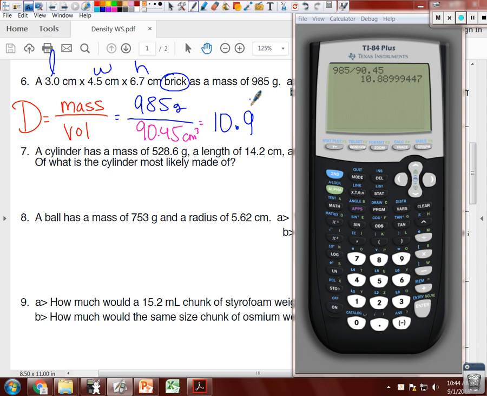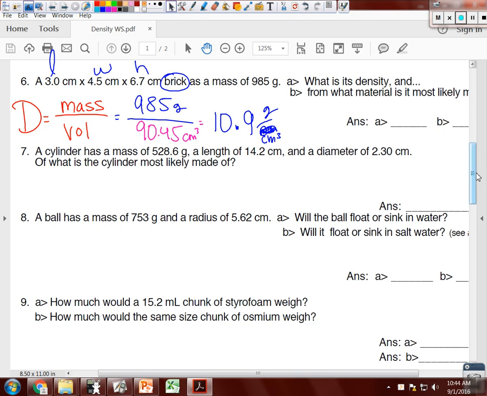I promise, don't stress yourself out over it. I guarantee when I actually teach this, you're going to look back and say, God, I was dumb. Okay. Again, the unit is grams per cubic centimeter. Wow. Cubic centimeter. All right. So the next question that was proposed is, what is this made up of?